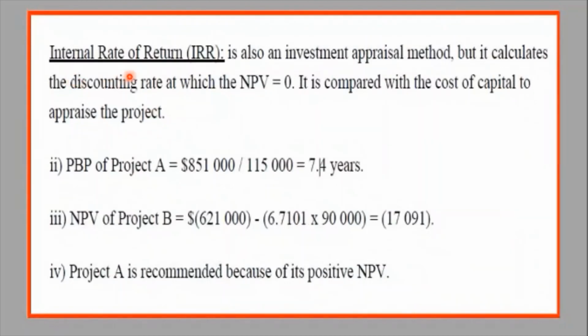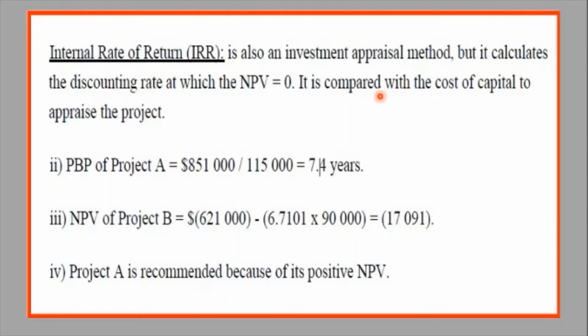The internal rate of return is also an investment appraisal method, but it calculates the discounting rate at which the net present value is equal to zero. It is compared with the cost of capital to appraise the project. The cost of capital is normally the borrowing rate or the rate at which they discount the future cash flows.